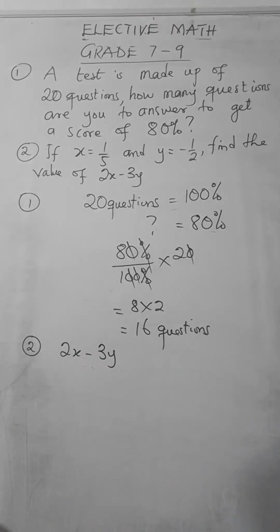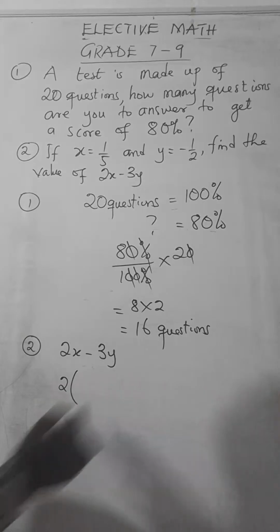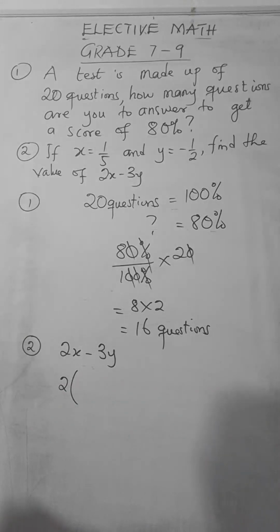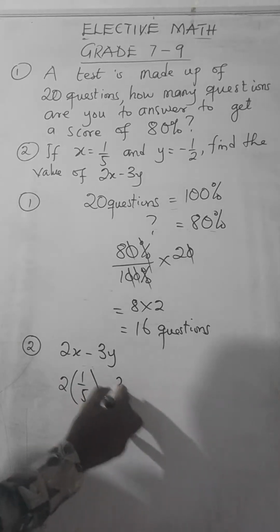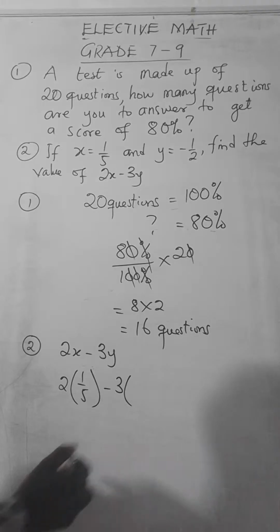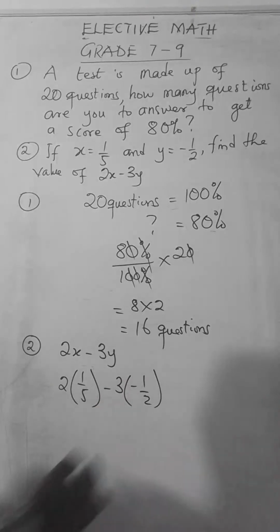They are saying that we should find the expression when we have x to be 1 on 5, then y to be negative 1 on 2. So we have 2, we have x to be 1 on 5, then 3, y to be negative 1 on 2.